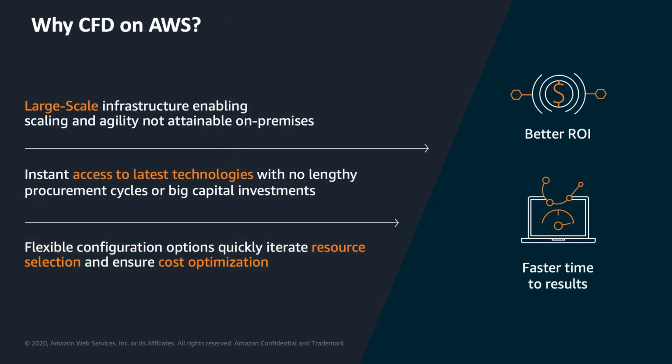And of course, the reason why people want to do CFD in AWS is because of this large-scale infrastructure. They have the latest technology, so as soon as there are new chips coming out, whether it's CPUs or GPUs, whether it's x86 or ARM, and of course you can be flexible: you can just spin them up, try them, spin them down, and ultimately reach a point that you're happy with.